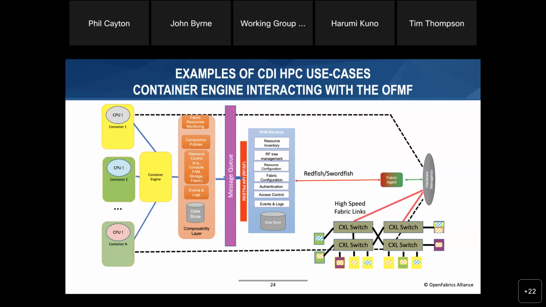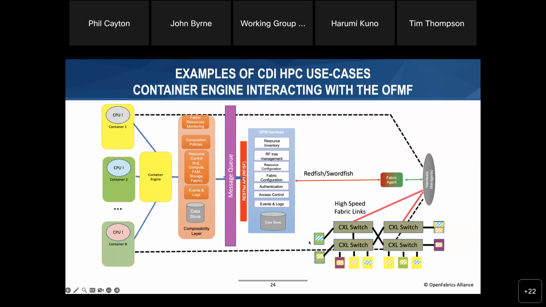We can have pools of memory or GPUs or whatever, and we can pull those in dynamically as we need to and subscribe to them. In this case, the container engine is going to go over and say, oh, I need containers for each compute node, expand that compute node resource to include more memory and associate it to these CPUs.